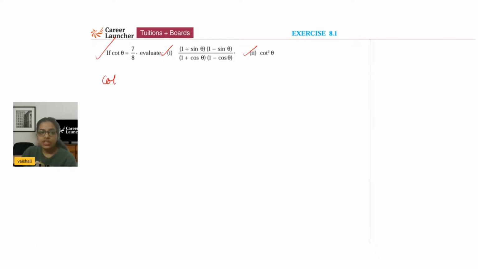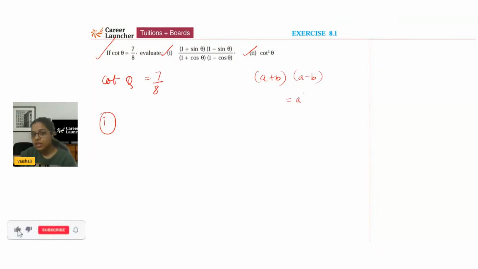So now in general, if we say that cot is 7 by 8, let us focus on the first part. If you are aware of this identity, (A plus B)(A minus B) means what? A square minus B square. So can you observe that 1 plus sine theta and 1 minus sine theta is on a similar line? So it is 1 square, which is 1, minus sine square theta, divided by 1 minus cos square theta.